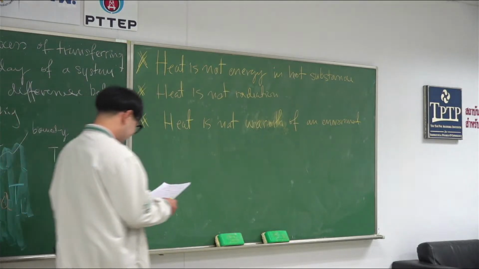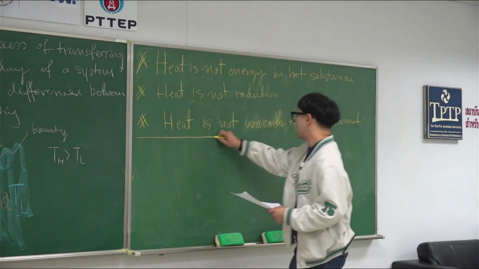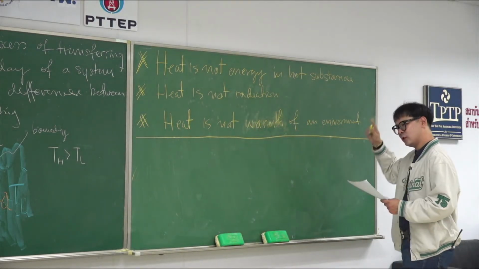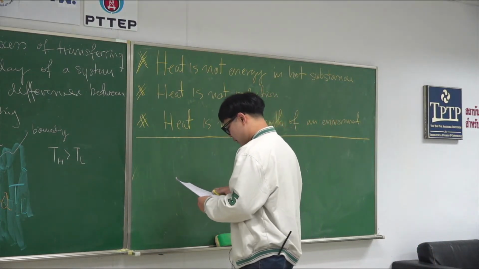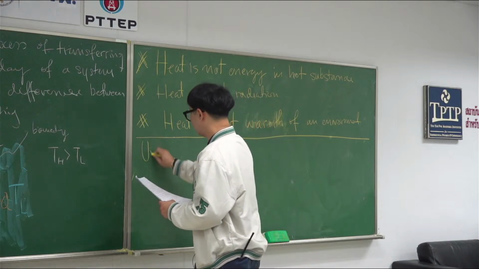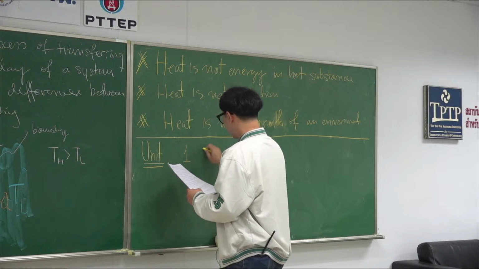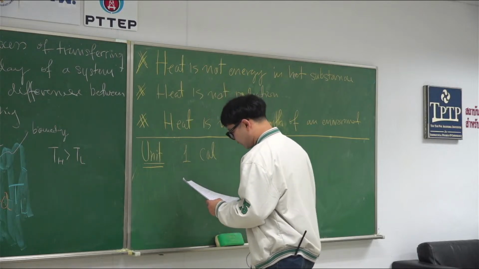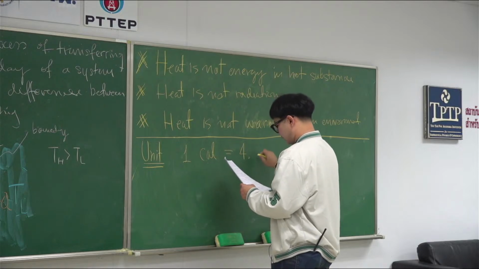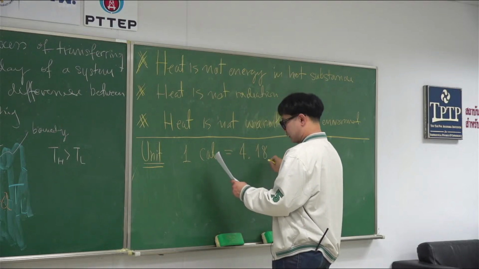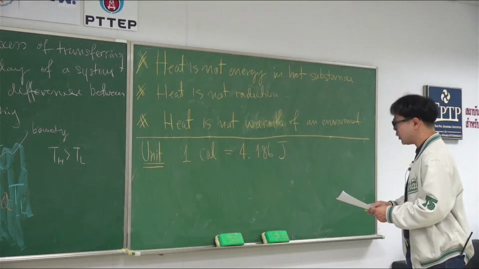Okay, that is what I would like to make sure you don't miss. So the unit of heat: normally we say you have the calorie, which is 4.186 joule, right?